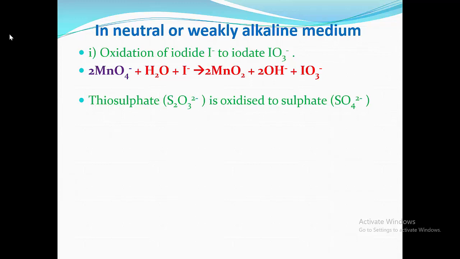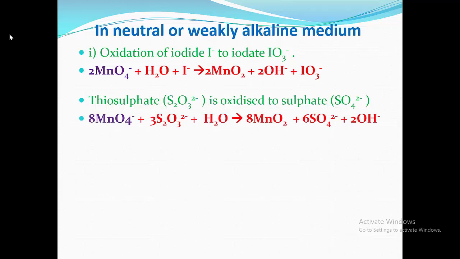Second, thiosulfate, that is S2O3 2-, is oxidized to sulfate, that is SO4 2-. When KMnO4 is treated with thiosulfate in alkaline medium, it oxidizes thiosulfate into sulfate. The following reaction takes place: 8MnO4- + 3S2O3 2- + H2O gives 8MnO2 + 6SO4 2- + 2OH-. Next reaction, manganese salt is oxidized to MnO2.